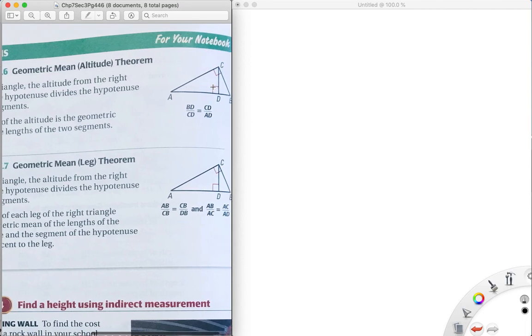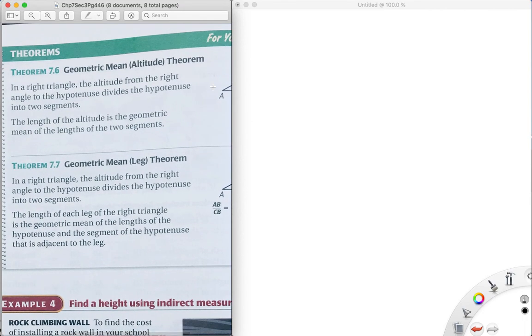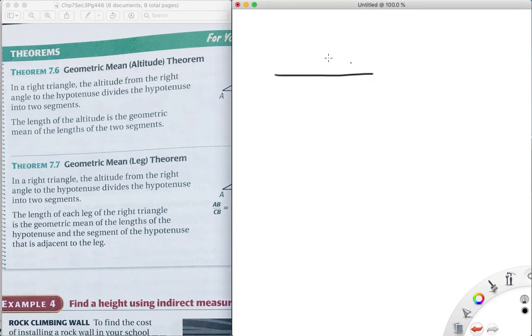Triangle ABC. In a right triangle, it says the altitude of the right angle to the hypotenuse divides the hypotenuse into 2 segments.